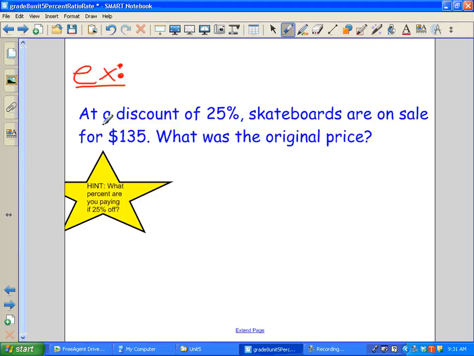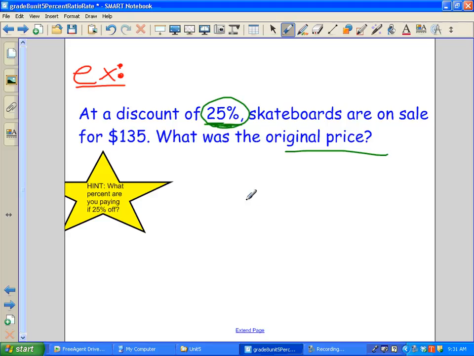All right, let's look at this one here. It says at a discount of 25%, skateboards are on sale for $135. What was the original price? Well, one of the hints, if you got 25% off, what is the total amount of percent we are paying?